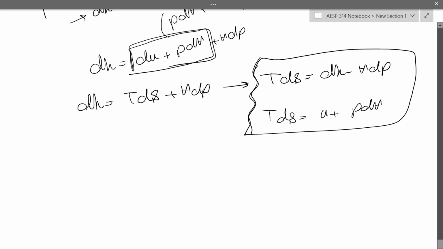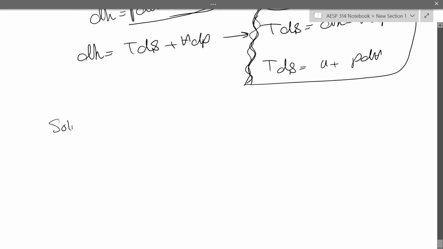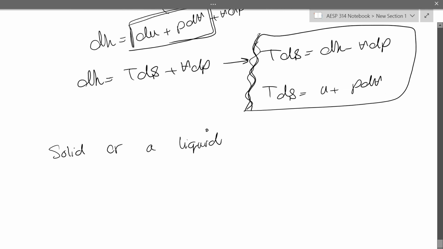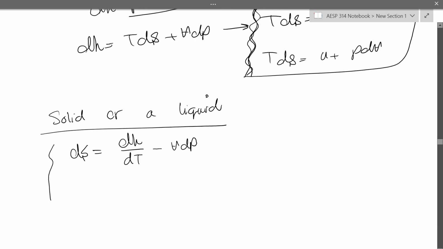Okay, what will happen to this equation if we are dealing with a solid or a liquid? What will happen to the calculations of dS? So for the solid or liquid, let's move T to the other side for both equations. dS is going to be dH over T minus VdP over T, right?